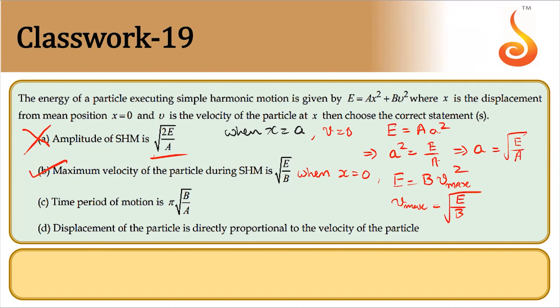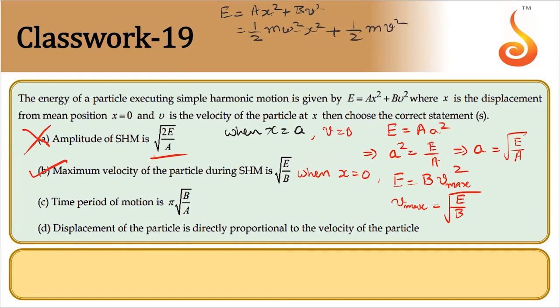Then time period. You have to calculate the time period. See, energy equation, I'll write it at the top. E equals ax square plus bv square. This should be half m omega square x square plus half mv square. This should have been the case.